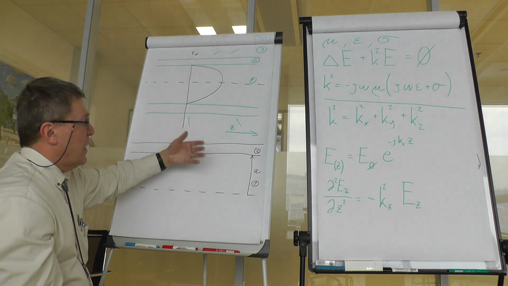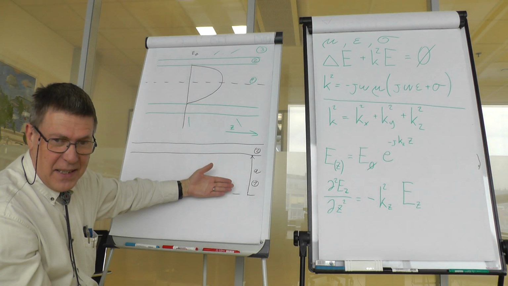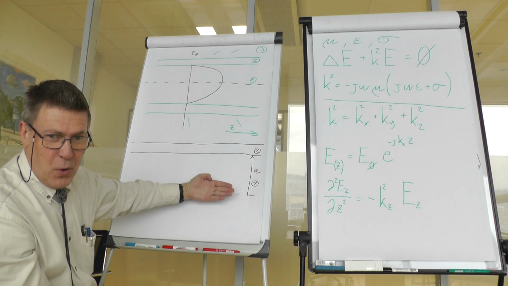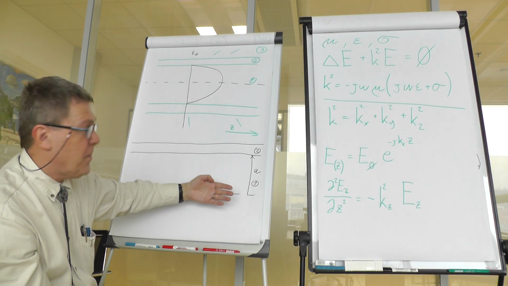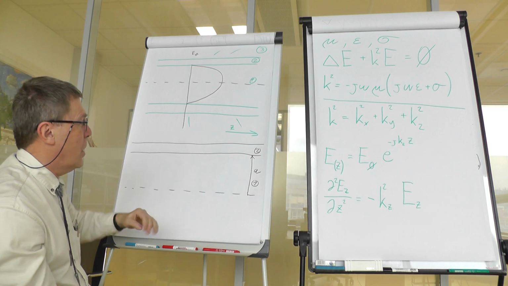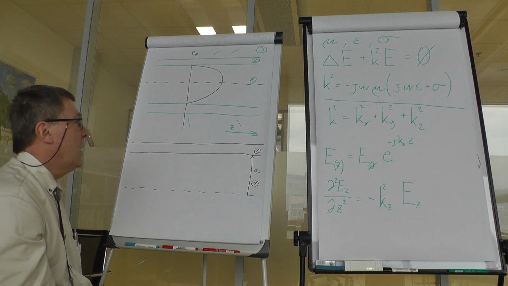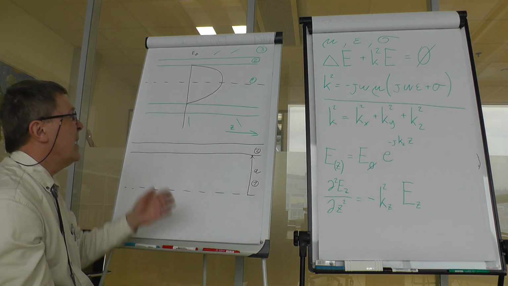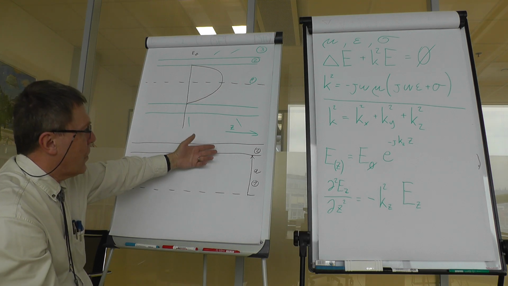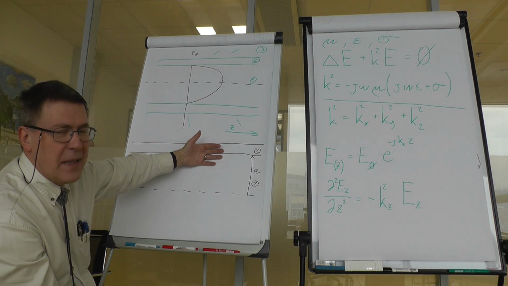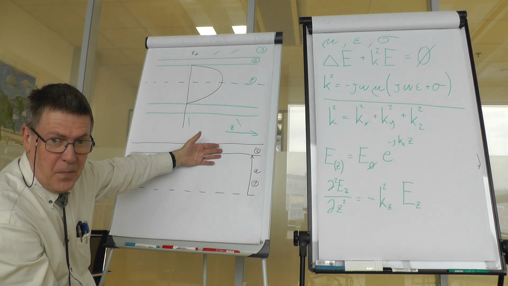The second point, for the magnetic field intensity H, the same should hold. The difference between the tangential components should be 0.